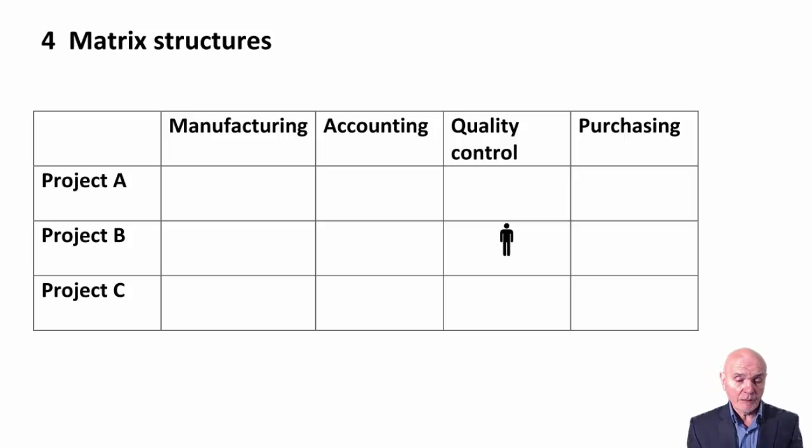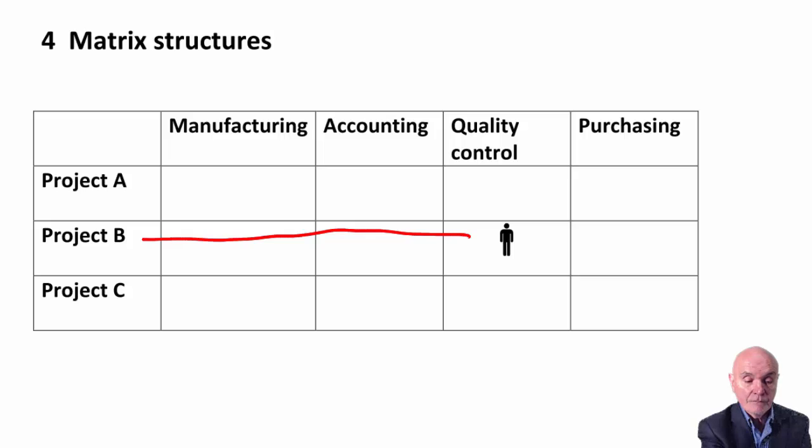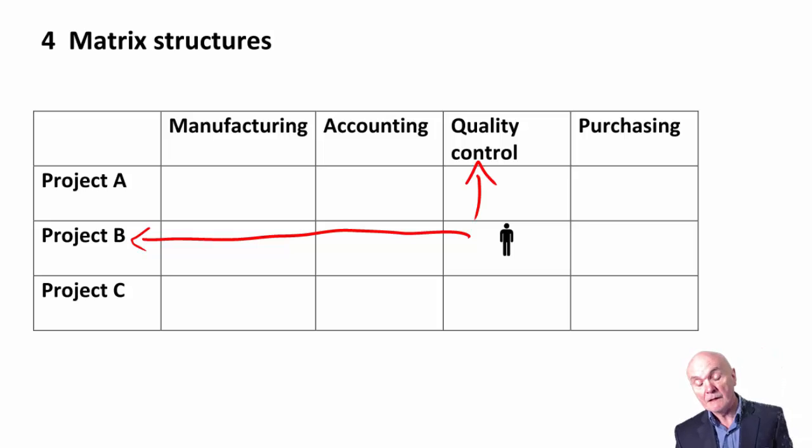Here, for example, we have a quality control person, and this person has got dual responsibility. They've been assigned to a project here, Project B, and we have a Project B manager, but they're also part of the quality control department, and that's a speciality, and they're responsible to the quality control manager. Now you can see how this person will come under a bit of pressure. Let's say the project is falling behind in time.